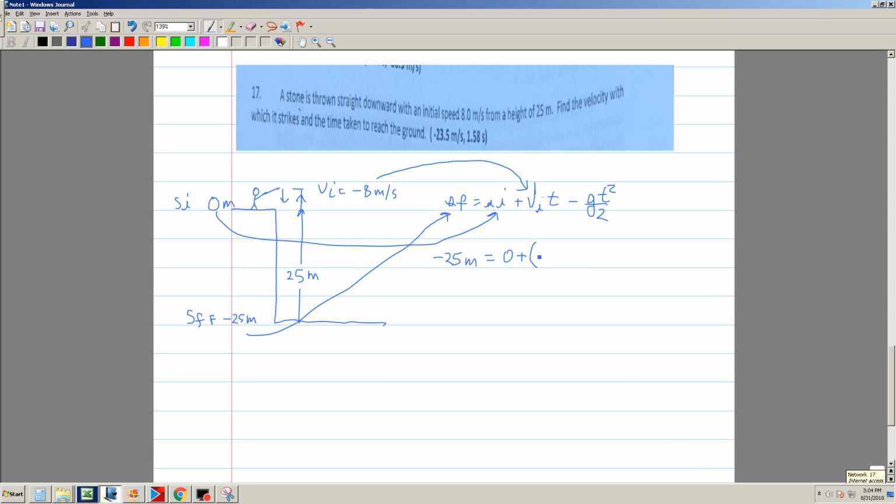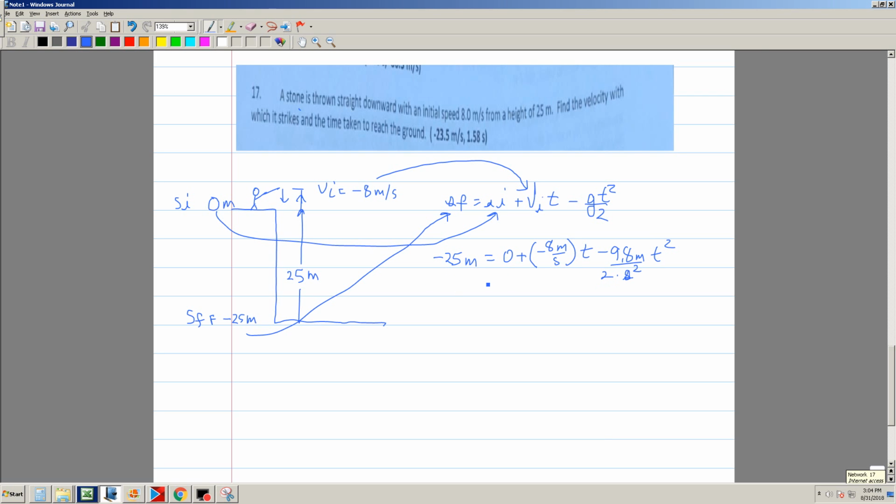Now it's a plus, but we have a -8 meters per second t minus, let's go ahead and put the gravitational constant, it's just 9.8 meters per second squared t.